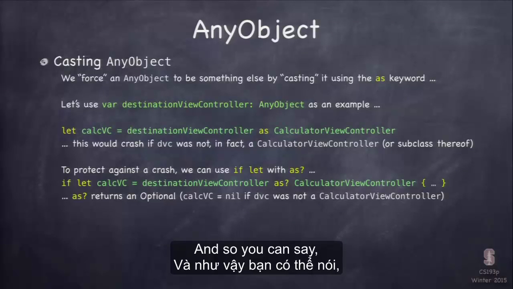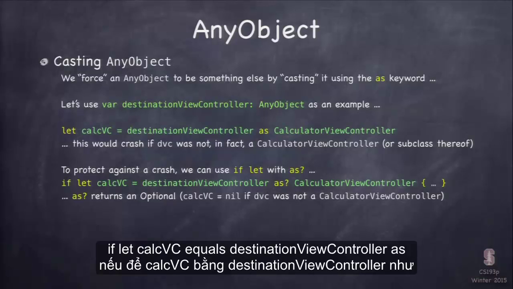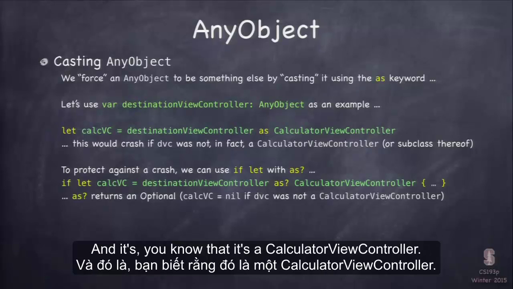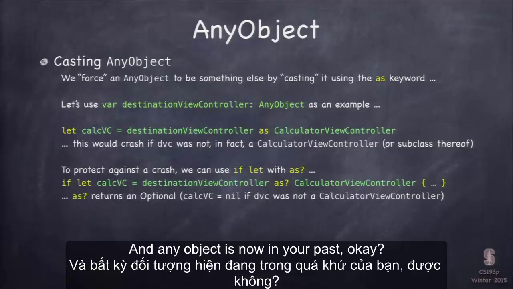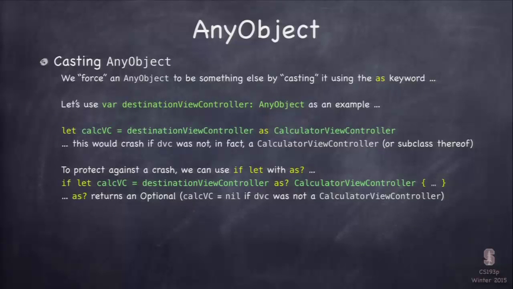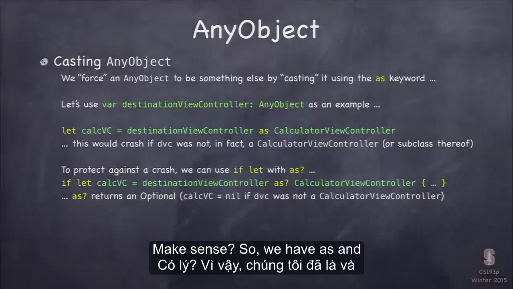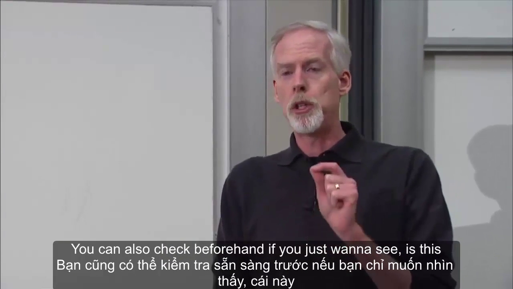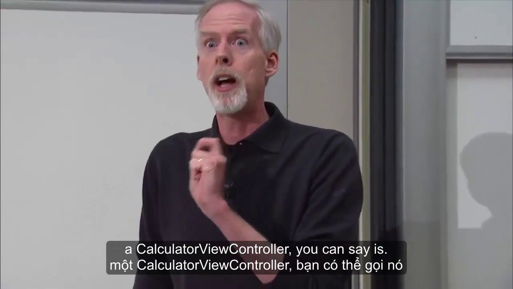And so you can say if let calc_vc equals destination view controller as question mark calculator view controller, and then inside there you've got calc_vc set, and you know that it's a calculator view controller, and any object is now in your past. Okay? Make sense? So we get as and as question mark. You can also check beforehand if you just want to see, is this a calculator view controller?